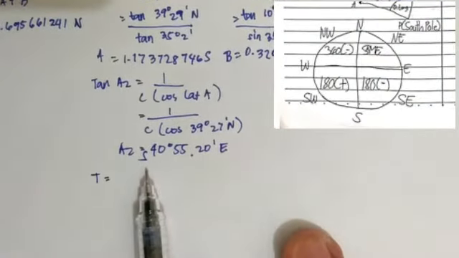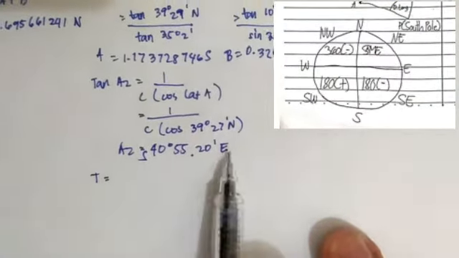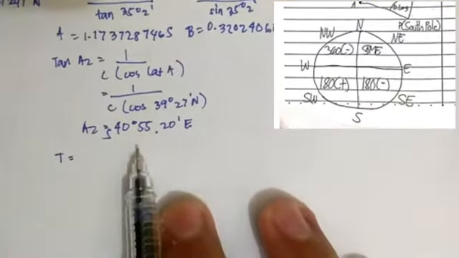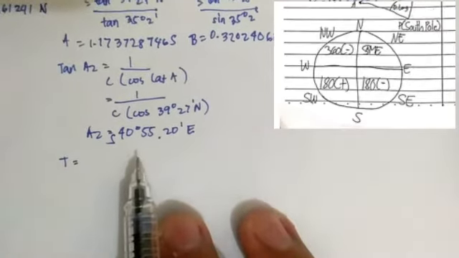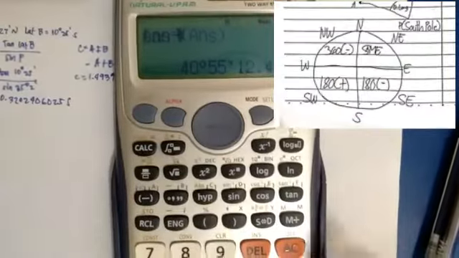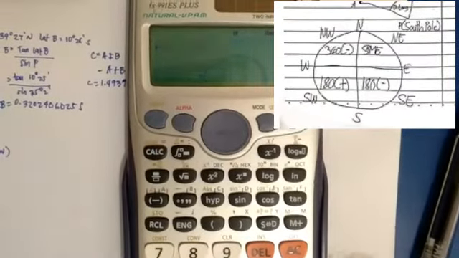Okay, so we already have the degrees. To find the true final course, we need to locate our final course, which is southeast. So southeast, as shown above, we will subtract it from 180, and that will be our true final course.